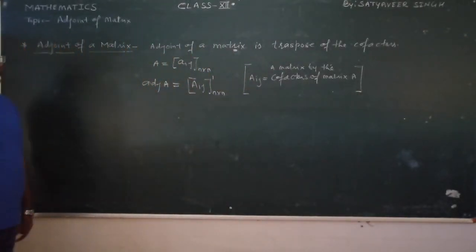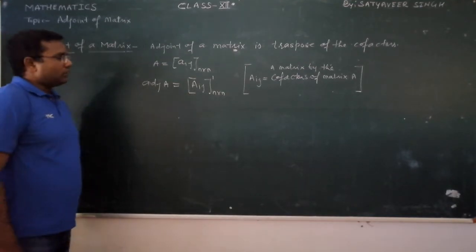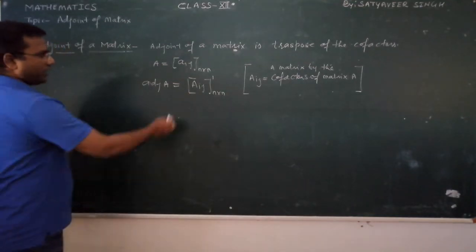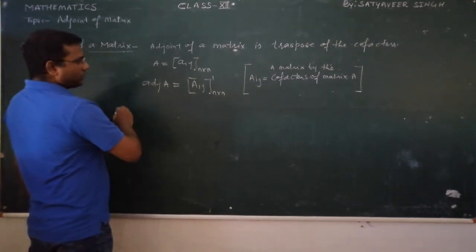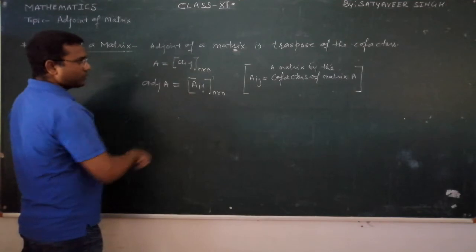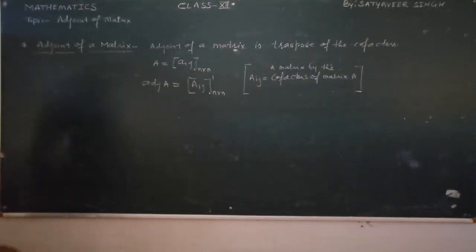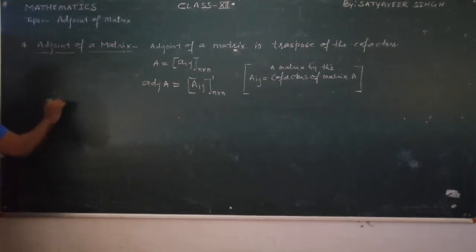In the previous lecture also we discussed how to find cofactors of a determinant. So here it is in the matrix. If we find the cofactors and transpose them, then we get the adjoint of a matrix. Now see, with the help of some simple example we can understand it better.